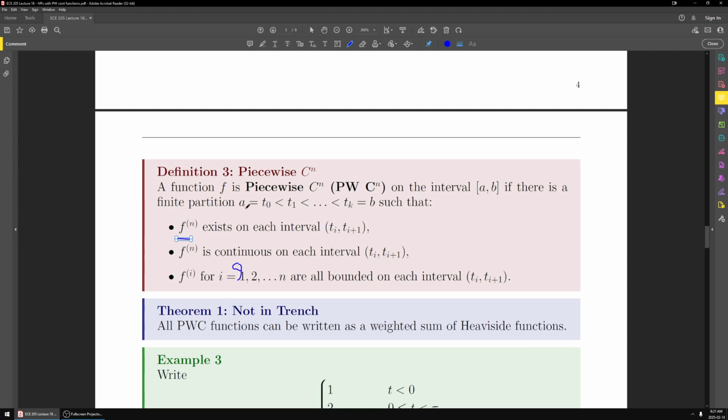So if I say piecewise C2, I'm basically saying I have a function that might not be continuous, but where it is continuous, I can take two derivatives, and its second derivative would be continuous, excluding the points where I have the original discontinuities of the function, right? So that's the idea here. And we care mostly about the case of 2, but if we're doing it for 1 and 2, might as well just do it for n.